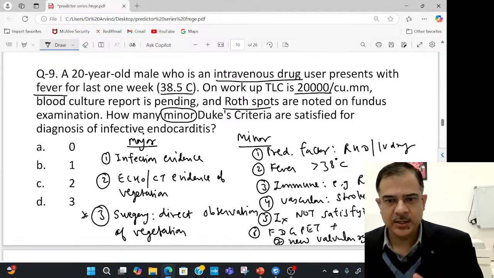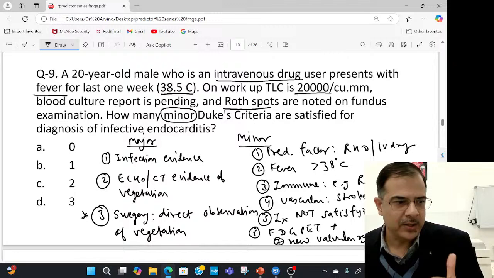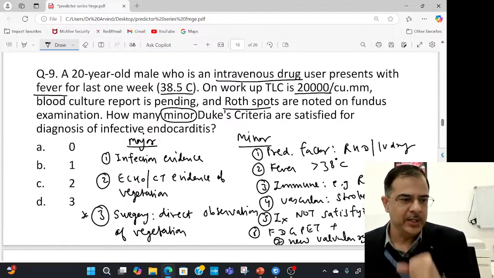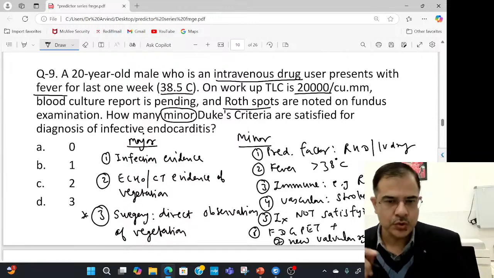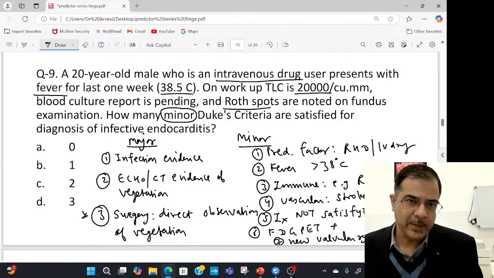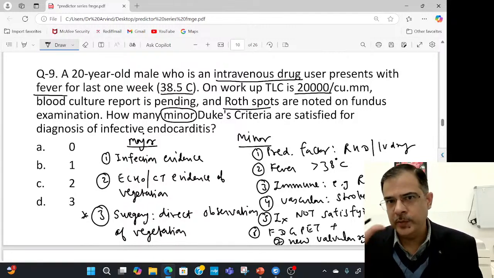So these are the 7 minor criteria. Out of these, the last 2 are newly introduced. So this can be a potential question for your upcoming exam. Duke's criteria should be on your tips.